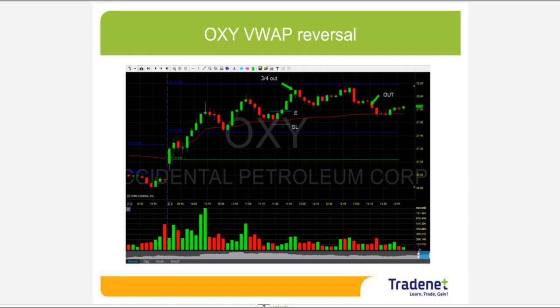This is where I'm going to take my entry over the green confirmation candle's high. Why? Because I want to be at least 70% sure that this trade is going to work in my direction. So without reaching 70% that it's going to work in my direction, I'm not going to take the trade.